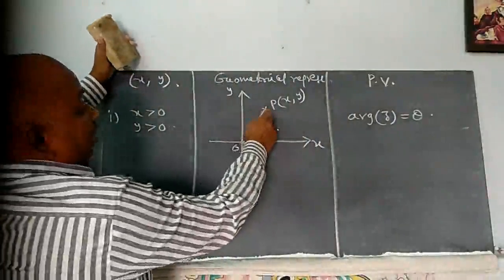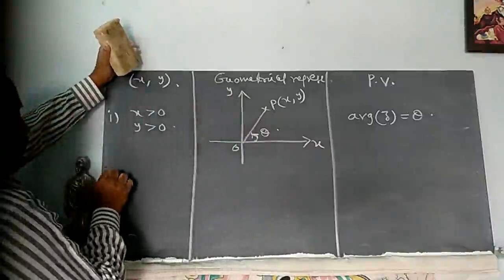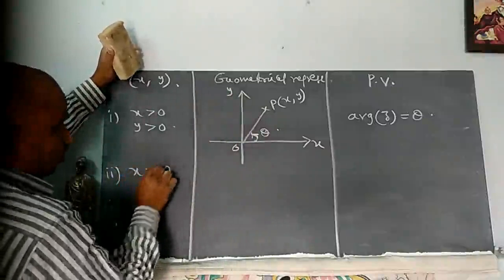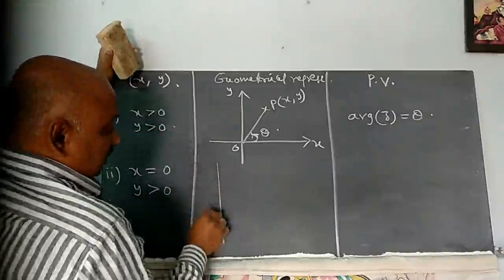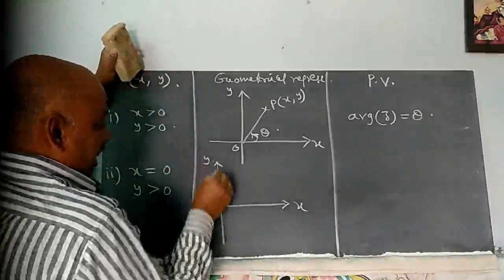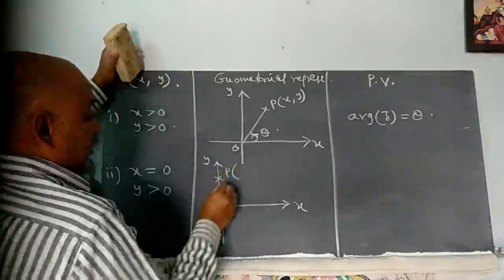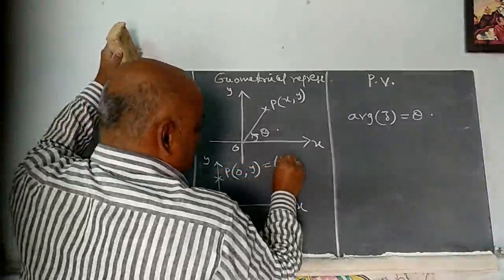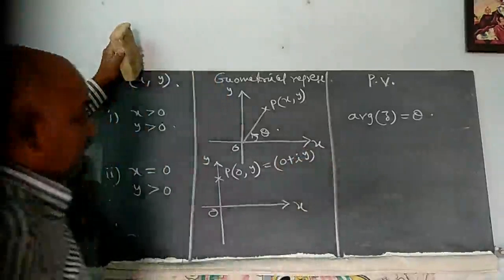Suppose P is on the positive y-axis. Second one: x equal to 0, y is greater than 0. In this case, x-axis, y-axis, origin, this is P, (0, y), which is nothing but 0 plus i into y.